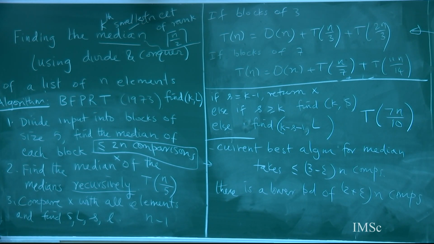Forget median. Can you find the minimum in root n time? Can somebody give an argument? Okay, we will get to this when we talk about lower bounds. Can you forget even root n? Can you find the median in even less than n minus 1 comparisons?